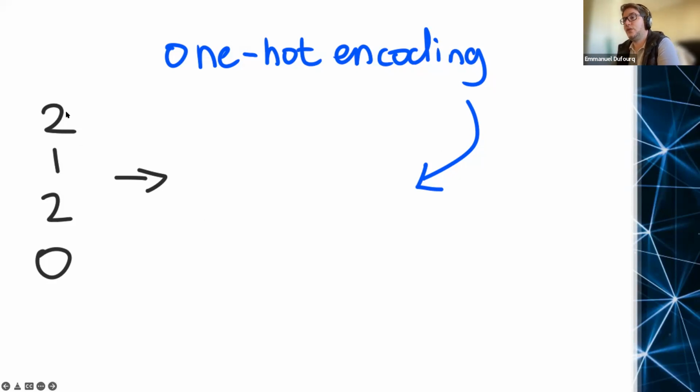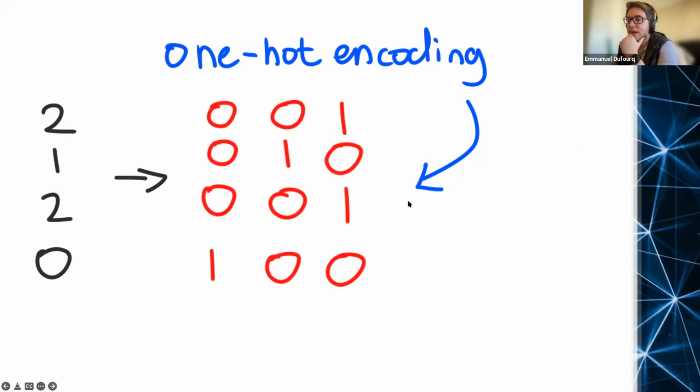Okay, so we have 3 unique classes in this data set. We have 0, 1, and 2. So the dimension of the vector should be 3. And this is one way of encoding it. We could say that 0 maps to 1, 0, 0, 1 maps to 0, 1, 0, and 2 maps to 0, 0, 1.